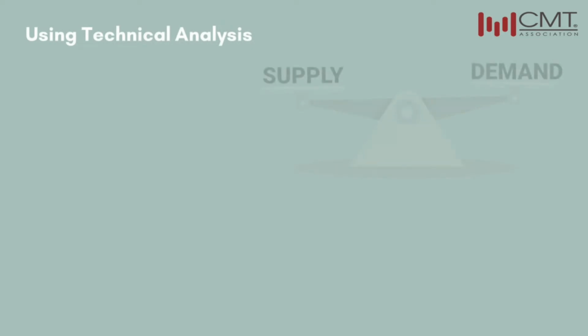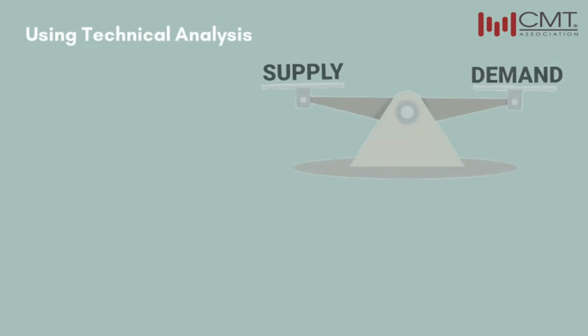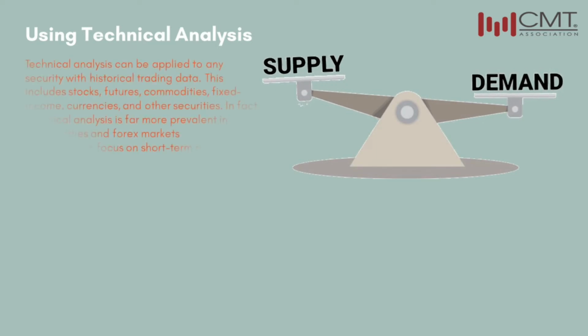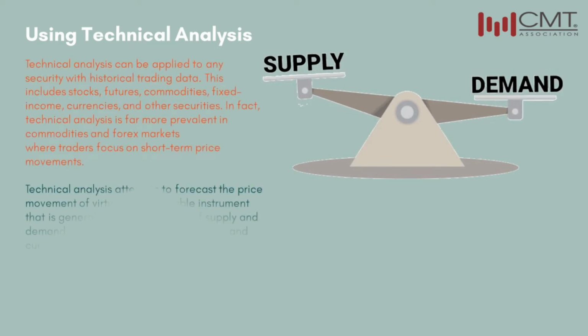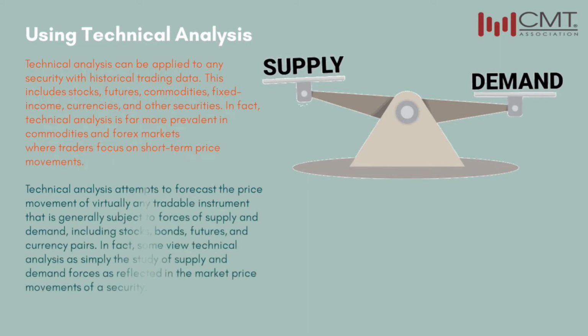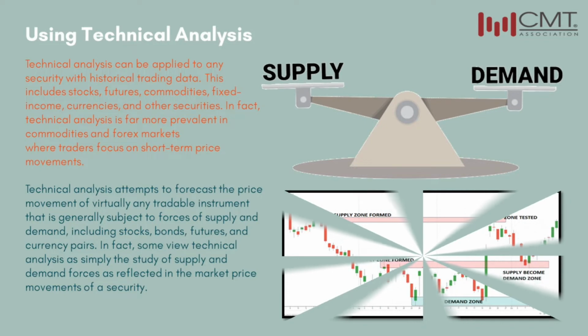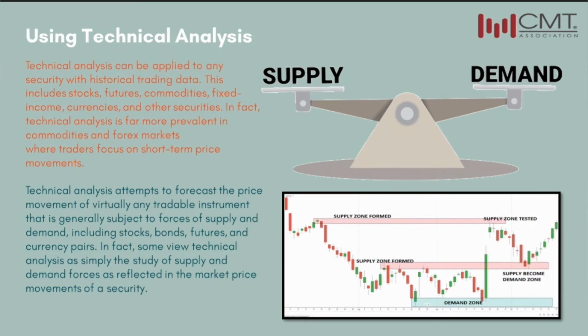Now, coming to where to use this technical analysis. Technical analysis can be applied to any security with historical trading data. This includes stocks, futures, commodities, fixed income, currencies, and other securities. In fact, technical analysis is far more prevalent in commodities and forex markets where traders focus on short term price movements.